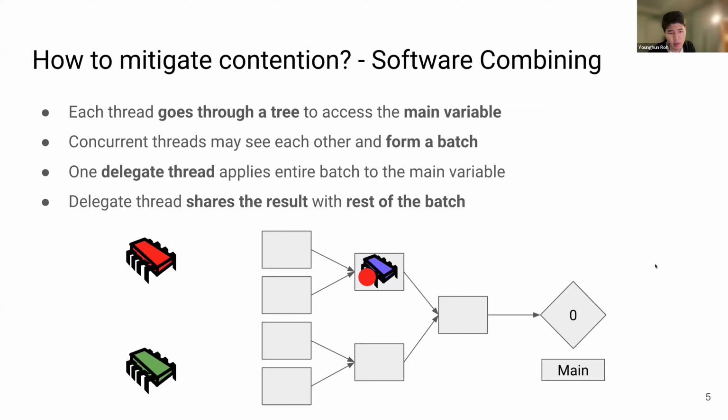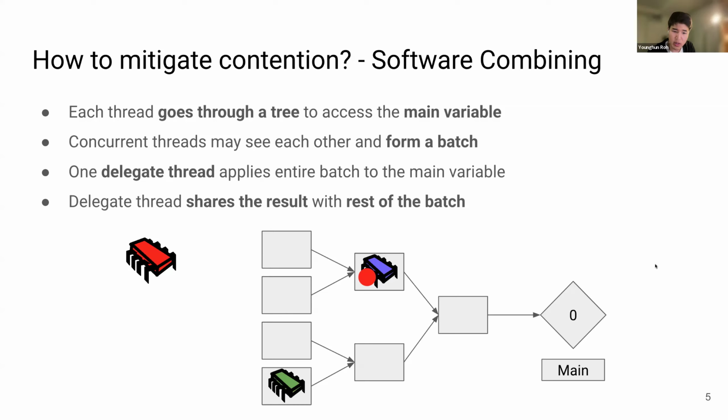In this case, the red thread will be the waiting thread and delegate its work to the delegate thread, which is the blue thread. So the blue thread will carry two operations from now on, and then try to apply both at once to the main variable if it reaches the main variable.